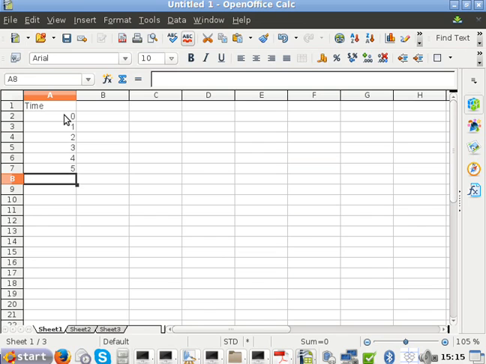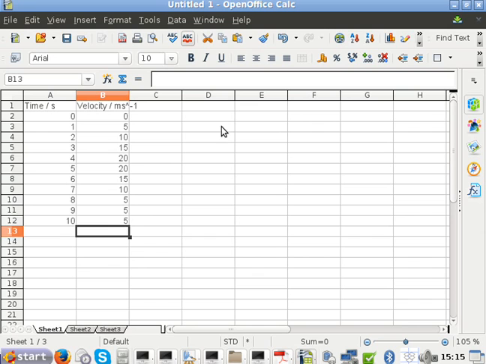Yep. And then here is the velocity. This is meters per second, and the time here is seconds. What's it? 0, 5, 10, 15, 20, 20, 5, 5, 5.